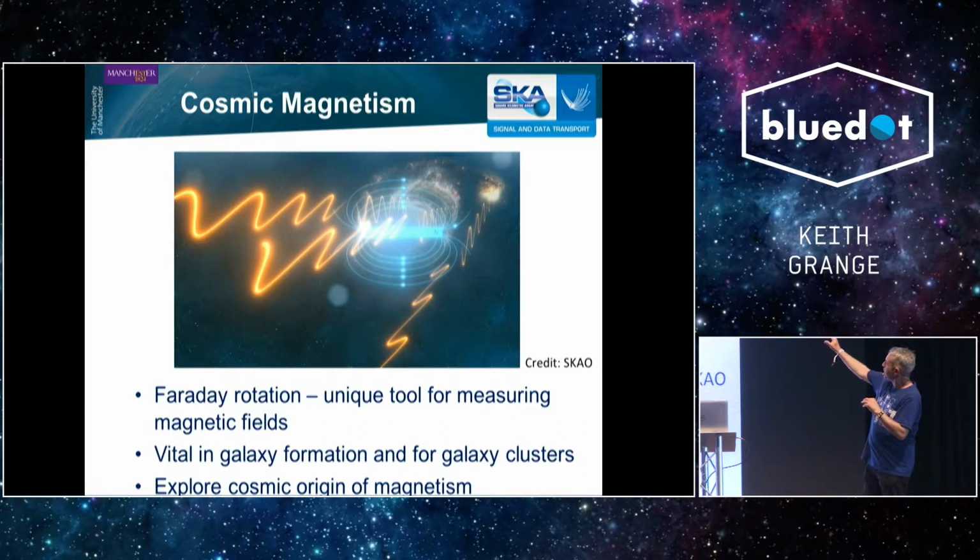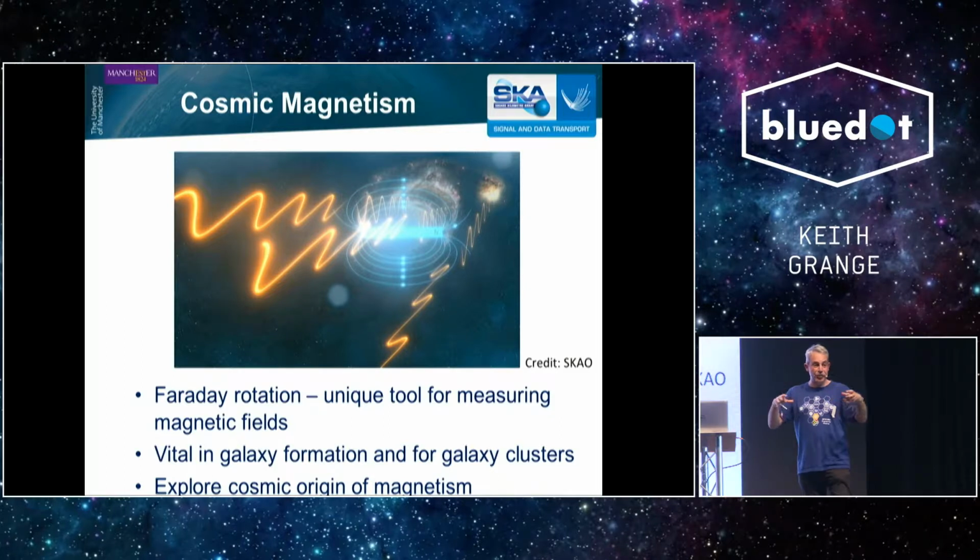With the radio, that polarization, if it encounters magnetic fields, is actually bent. And so with observations of this polarization angle, we're able to deduce what magnetic fields are in the universe. And this turns out to be incredibly important because magnetic fields are vital for galaxy formation and also for the formation of groups of galaxies together, what are called clusters of galaxies.